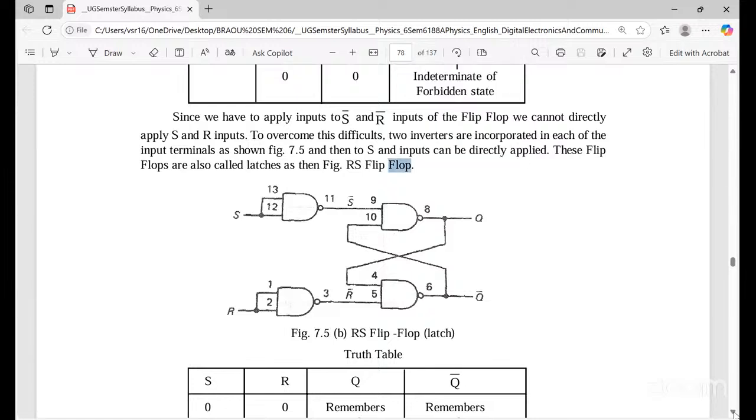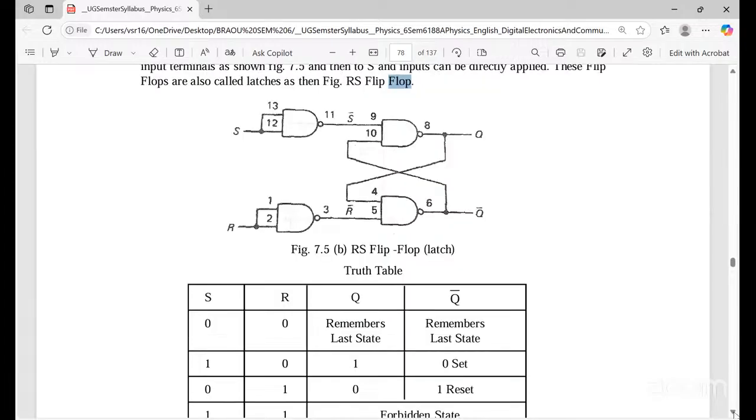You can see here latches or latch of this S and R inputs, which have been given out here. S bar and R bar. Okay. So this is Q and Q bar. So what is the truth table for this?